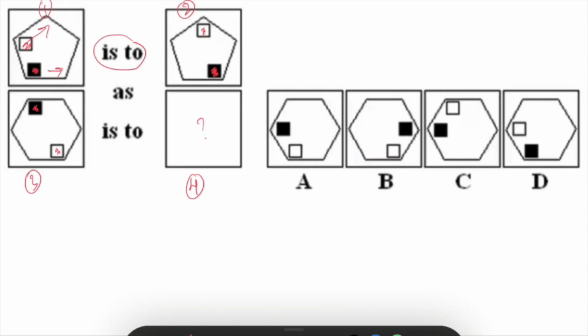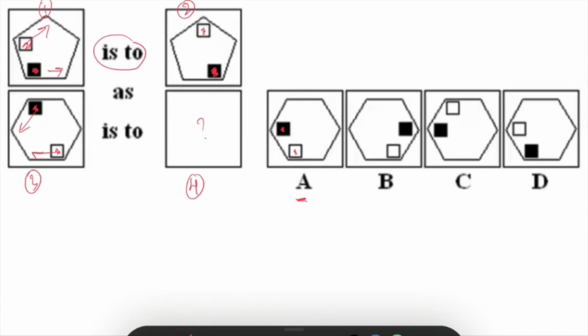I'll check and evaluate each of the choices A, B, C, and D. In A, the black one is okay, and the white square moved one movement to the left and became here. So A is a good candidate. Let's also see other choices and evaluate each one of them.